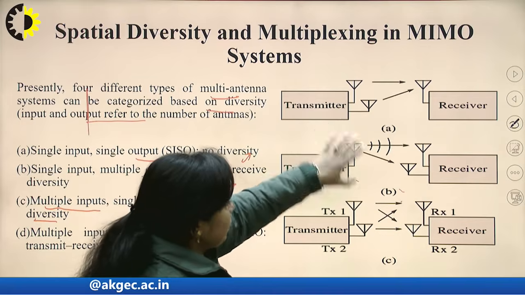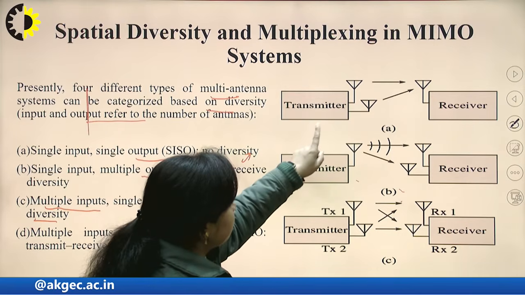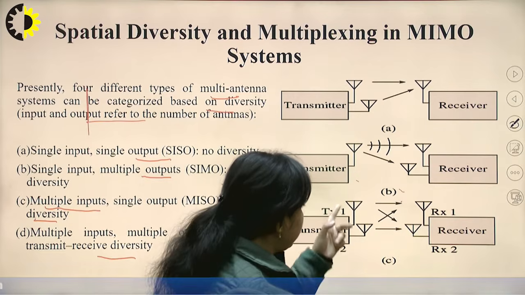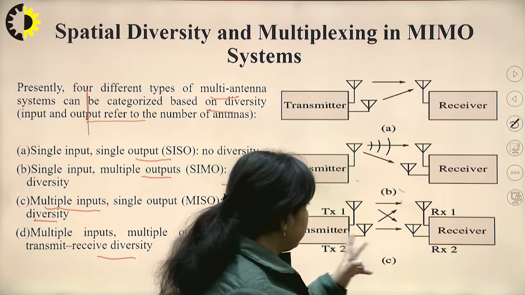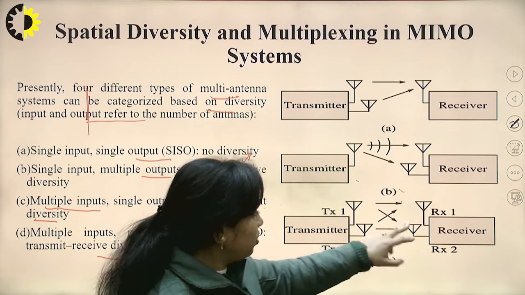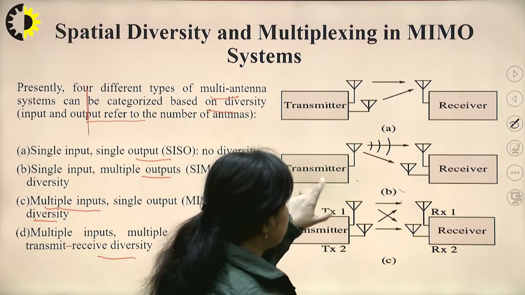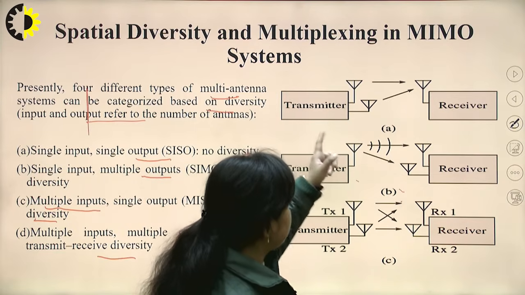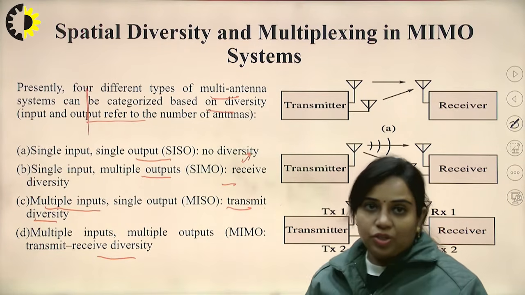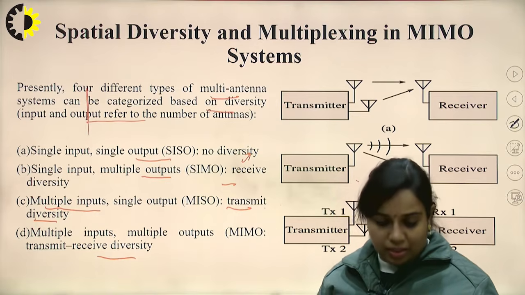In this diagram, this is multiple input single output, single input multiple output, and this is the case of multiple input multiple output, where more than one transmitter and more than one receiver are there. In this case, a single transmitter and two receivers are there. In this case, two transmitters and one receiver are there. So that is the spatial diversity technique.